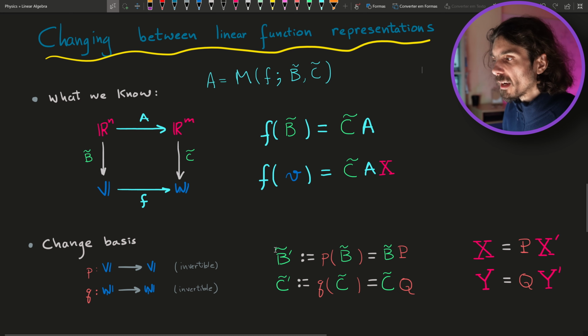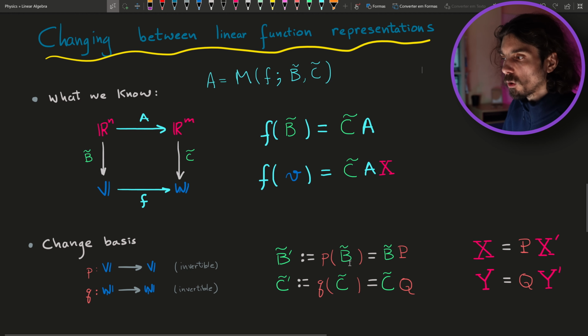I can define a new basis for V, b tilde prime, which is P times the old basis, meaning b tilde times P. And I can define a new basis for W, c tilde prime, which is Q times the original basis, so c tilde times Q.